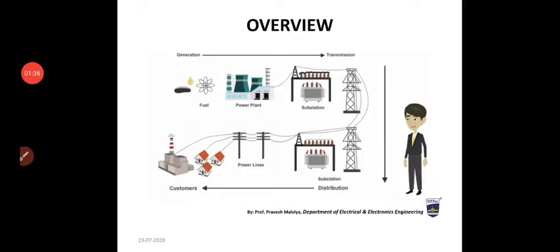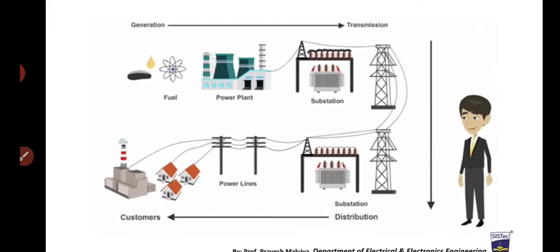So initially what happened, some other form of energy is being converted into electrical energy. Where it is converted in power plants. So other form of energy can be of any type, and it is being converted with the help of some machinery.